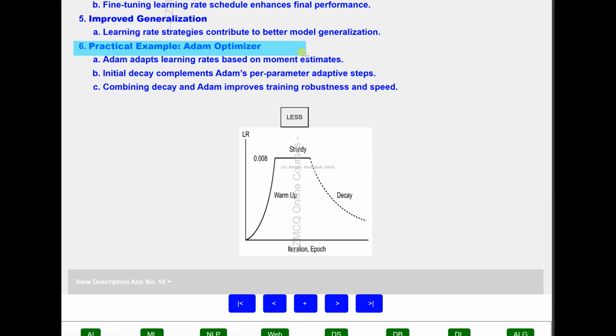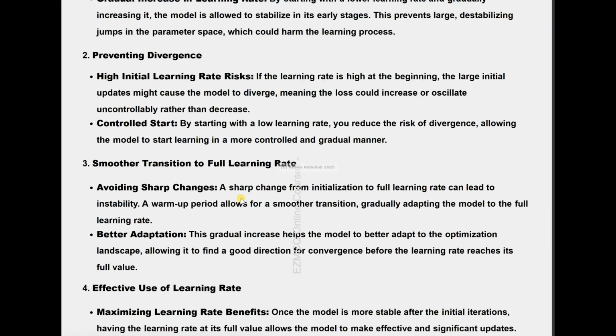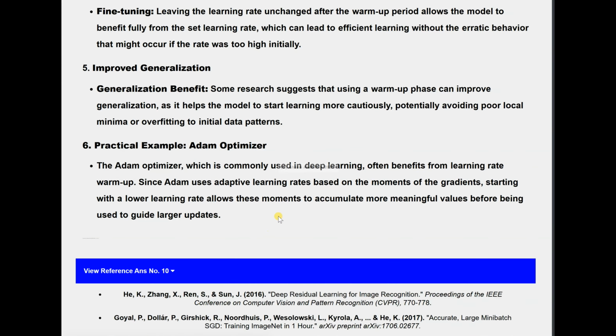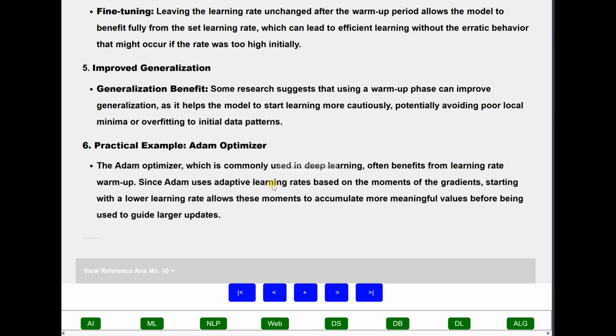Many training schedules for models like BERT and GPT include learning rate warm up. So this is something practical, and it avoids early instability and ensures reliable convergence. You can look at these explanations, but more details are given here, and if you're interested, these are the references.